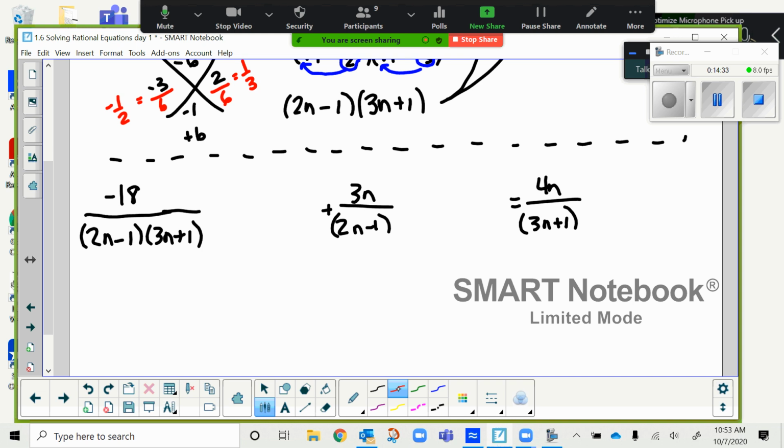So looking at that first fraction, I need to multiply by all the things I would need to cancel the denominator. So I would need a 2n minus 1. And I would also need a 3n plus 1 because there's two groups on the bottom.